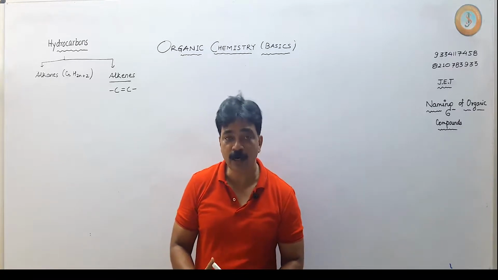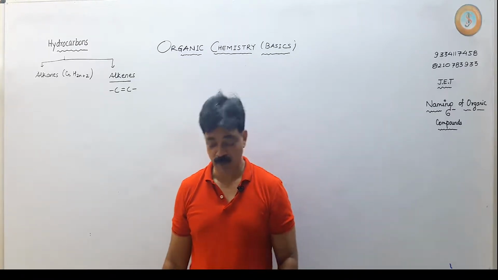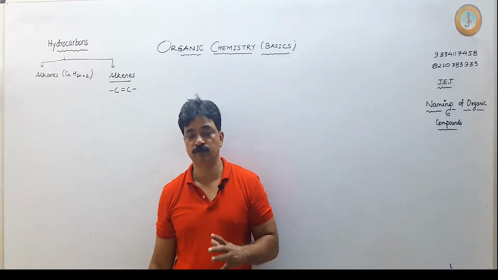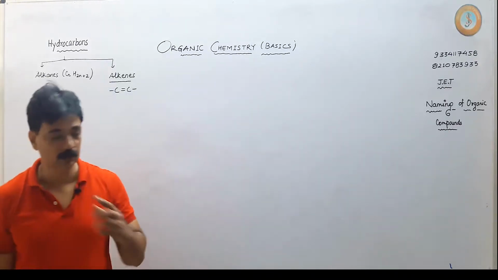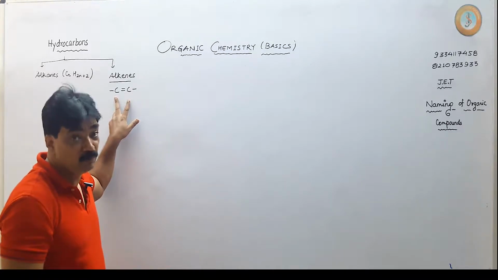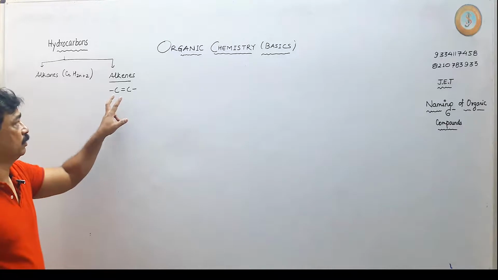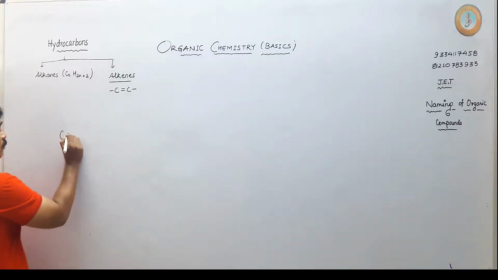That means only one double bond will be visible in every molecule, and I will keep it at the first position. Since we require a minimum of 2 carbon atoms to get an alkene, we start alkene with 2 carbon atoms.